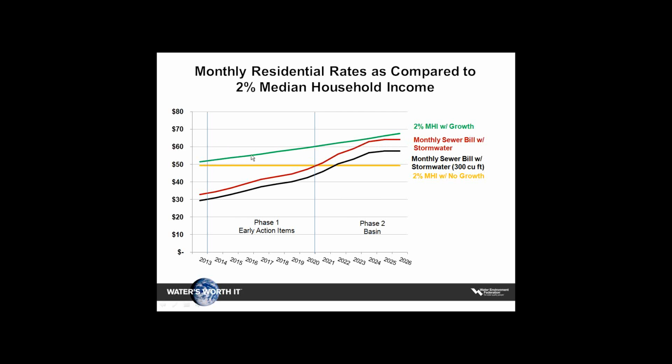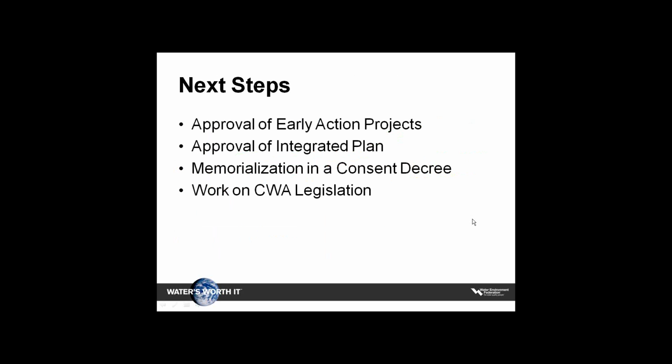If we get the growth we have projected, then we can keep that relationship where we can do the phase 2 work as well as the SSO work beyond it and still maintain that relationship with the 2% of median household income.